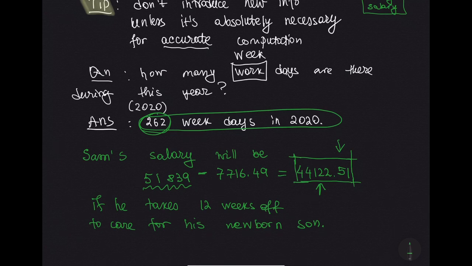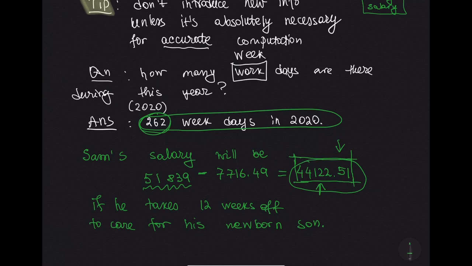So the best bet in this situation is to make sure that you know what your salary should be for the entire year, and make sure that the gross income on your pay stubs that you receive from your employer for the 12 months really does add up to this entire salary, which in our case is 44,122.51.